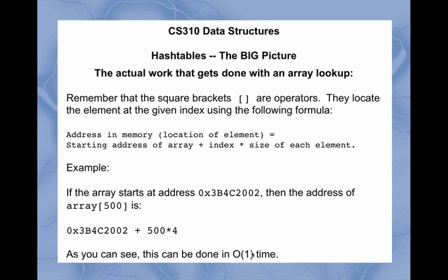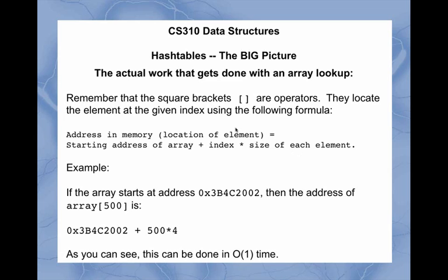Just as an aside, this is what happens with an array lookup, and it's important that you understand that these square brackets are operators. They are operators in the same way plus, times, minus, divide are operators. And the operation they perform is they find the element at a given index. They use this formula: the location of the element you're looking for is the starting address of the array plus the index times the size of each element.